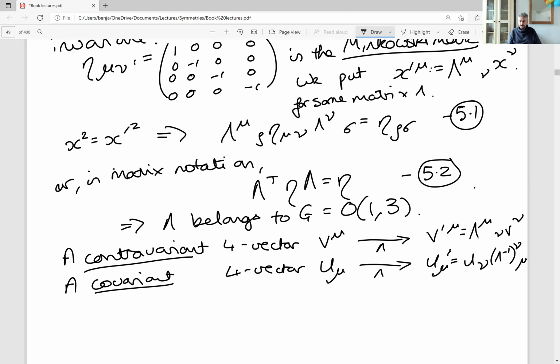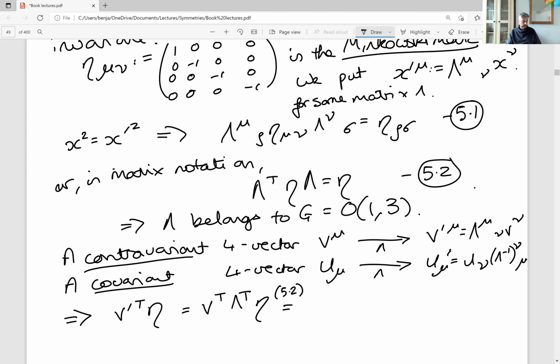Okay, going back to matrix notation now. If I consider some object V transposed times eta in matrix notation, so V prime transposed is just a row, a 4-dimensional row vector now. And I substitute in for V prime from this equation, then I get V transposed lambda transposed. Now I use 5.2.